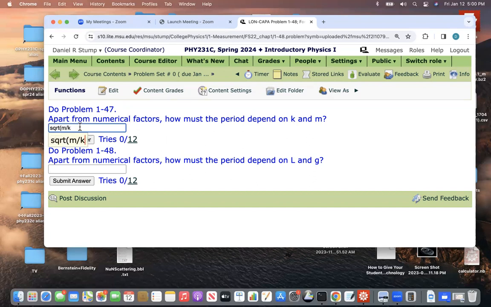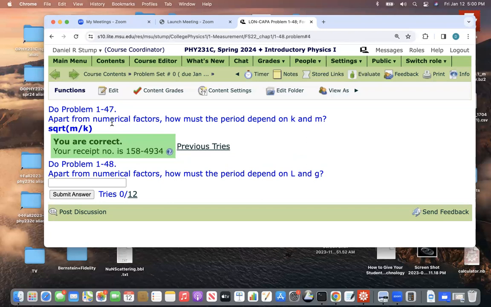I put in the square root M over K. You are correct. So that's correct. It's got no numbers in there, just these symbols. But the symbols have to have the right unit to be a time, because period is a time.